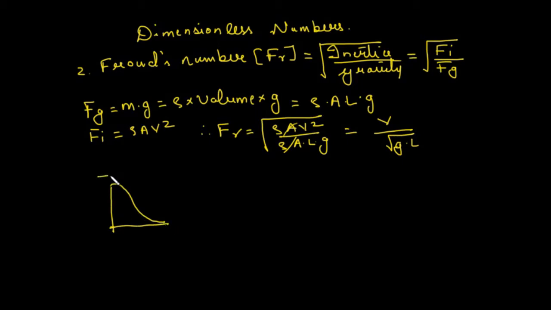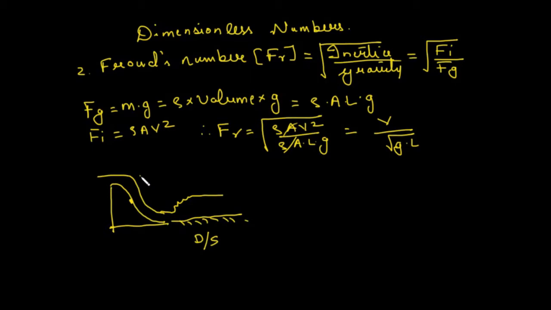We can take an example of a spillway. So suppose this is an ogee spillway and flow is taking place over the spillway in this form. Now this is the downstream of the spillway and this is the actual spillway.